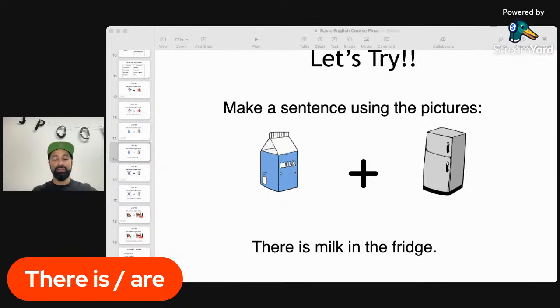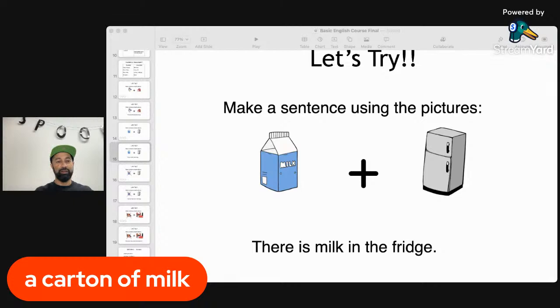All right, so carton itself is countable. So let's put that on the screen so you can see the spelling. Carton, a carton of milk. Carton is countable. So milk is uncountable, but I can make milk countable by using the word carton. That paper container that milk comes in, we call that a carton.